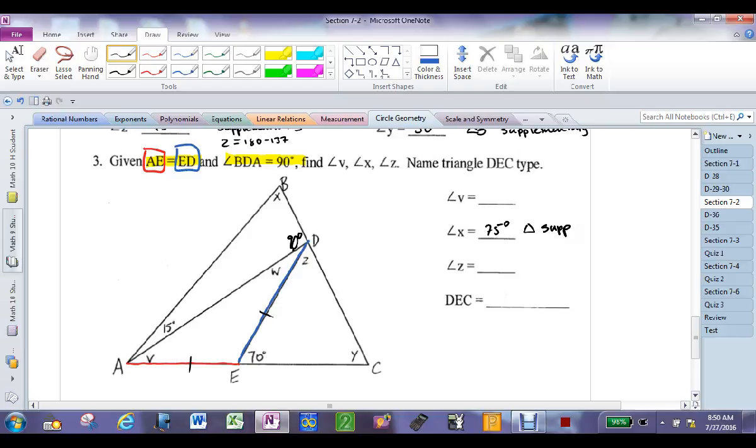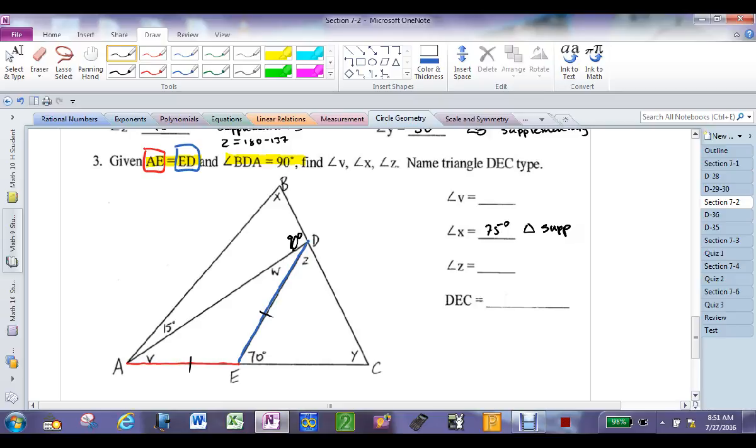Did you do W or V or Z first? Does anybody have it? It's a better question. Nobody has it?